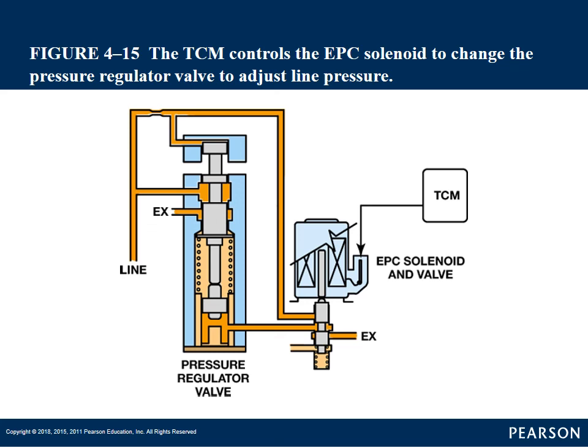The EPC solenoid, the pressure control solenoid, is what actually controls how much pressure is on the one valve. If you see at the bottom of the picture, it puts pressure on the back of that valve. So it takes more line pressure on the very top to move that valve and exhaust pressure.